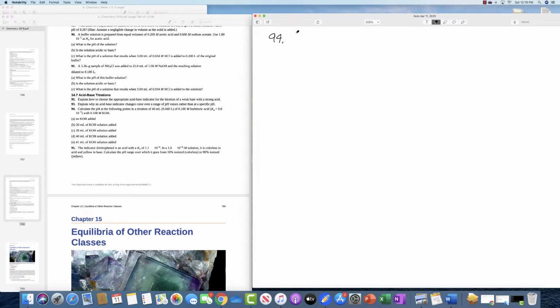So if we just use HA for barbituric acid, HA plus water goes to form hydronium ion plus the barbiturate anion, and we're told the Ka is 9.8 times 10 to the minus 5, and this is going to equal the concentration of A times the concentration of H3O plus divided by the concentration of HA.